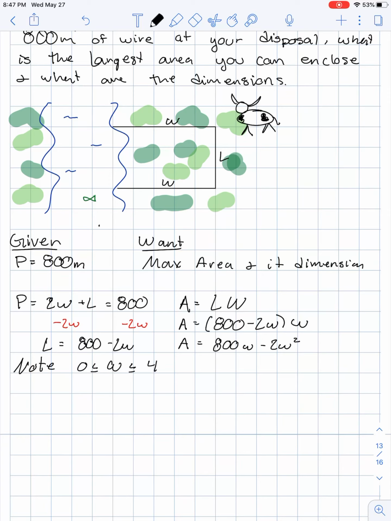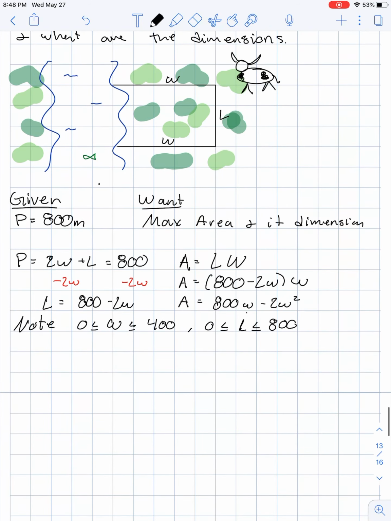The largest it can be is 400. And let's do it for the length as well, because you could have chosen to solve for W in this perimeter equation and plug W in for this equation and just had L's left over. So L, oh, not W, can be, if W is 0, L can be all 800. Alrighty, so those are endpoints depending on which one you choose.